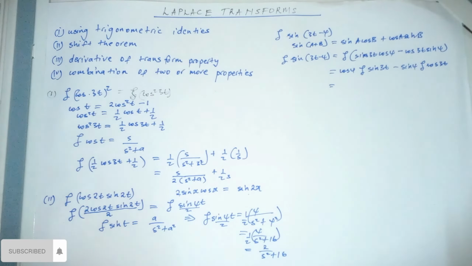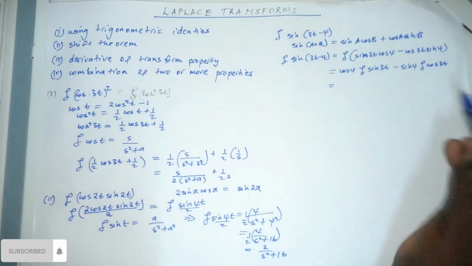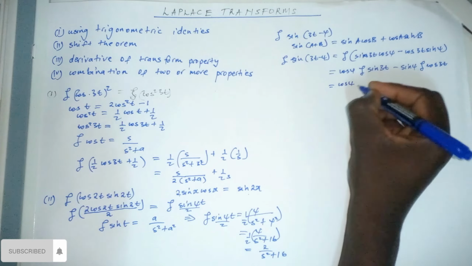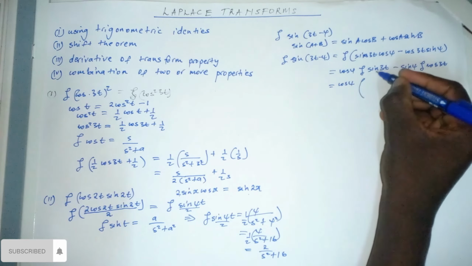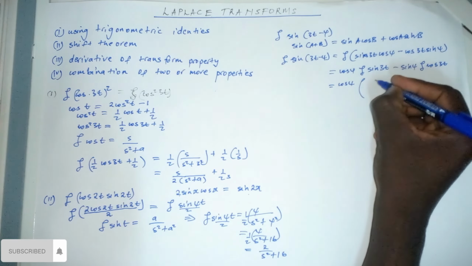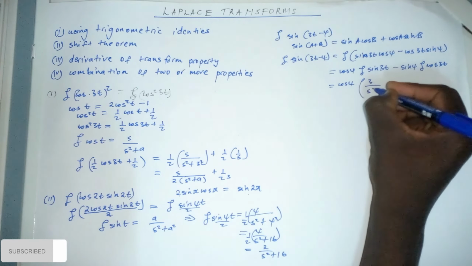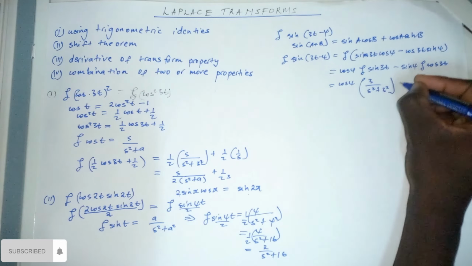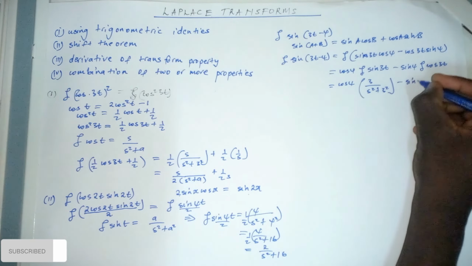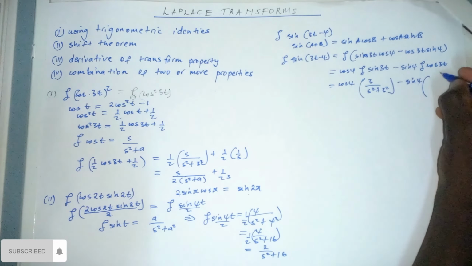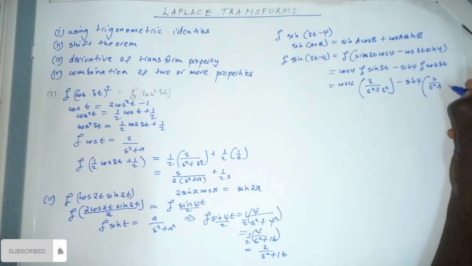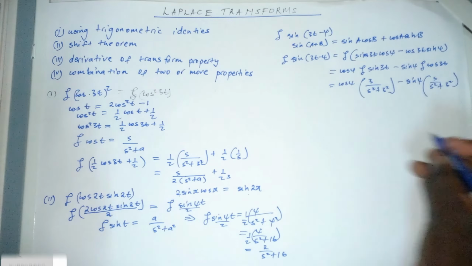And we know the Laplace transform of sine and the Laplace transform of cos. So I'm going to write cos 4 times the Laplace transform of sine, which is going to be a over s squared plus a squared, that is 3 squared, minus sine 4, which is a constant, times the Laplace transform of cos 3t, which is s over s squared plus 3 squared, where a is 3.